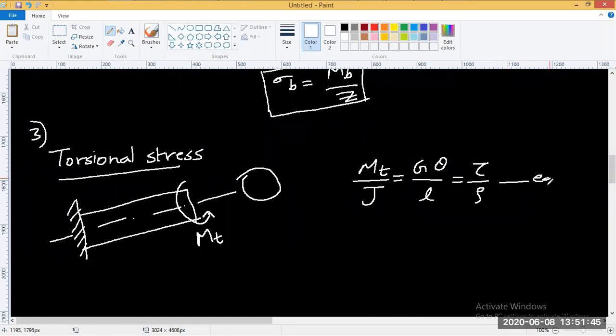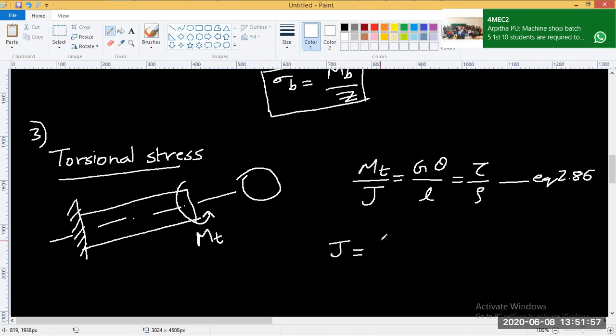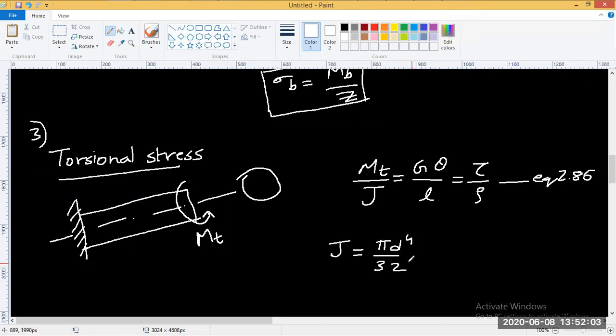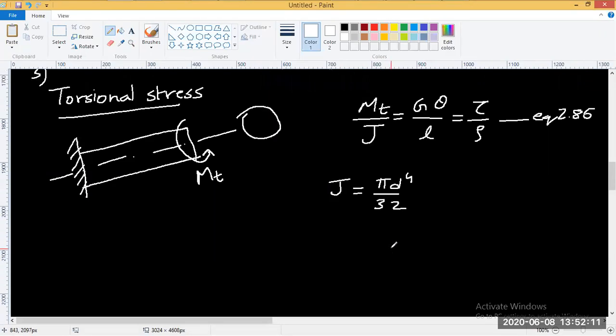So this is according to equation 2.86. Again, for the polar moment of inertia, if I were to write it for a circular cross-section, it is pi d power 4 over 32. That's how you would write the polar moment of inertia. And suppose you wanted to find the stress value of this.